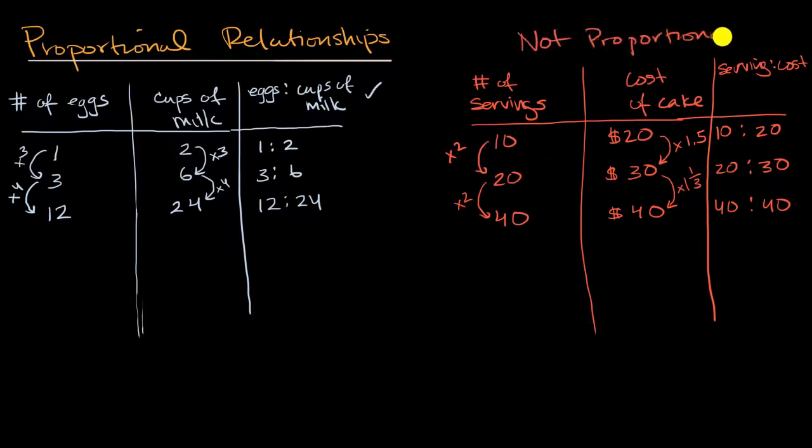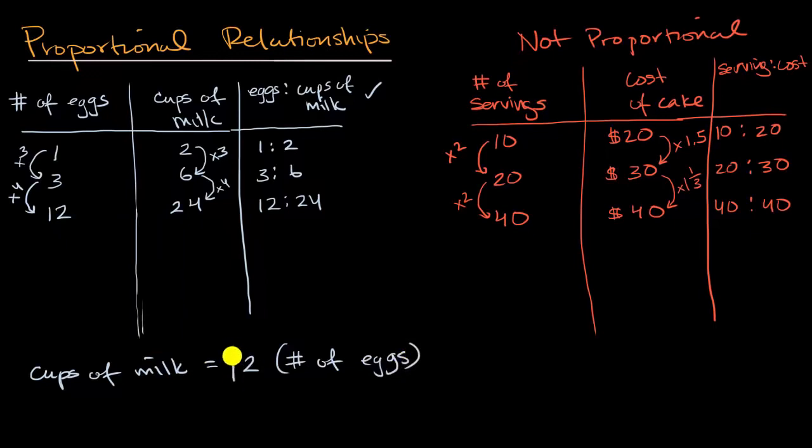One way to think about proportional relationships, as we already said, is that the ratio between the variables will be equivalent. Another way to think about it is that one variable will always be some constant times the other variable. In our first example, the cups of milk is always 2 times the number of eggs. We can write that down: cups of milk is always going to be equal to 2 times the number of eggs.